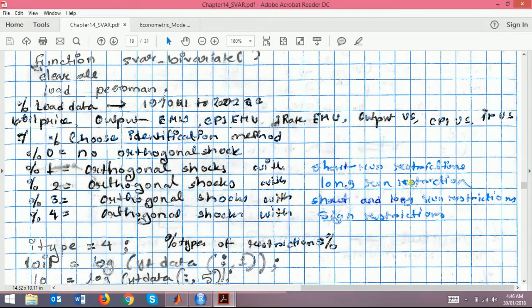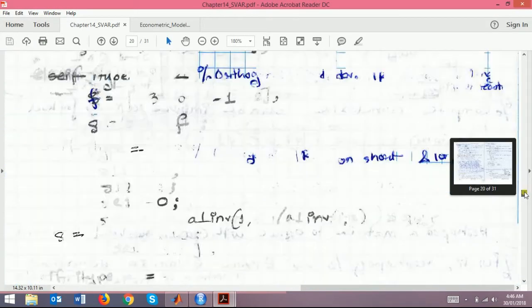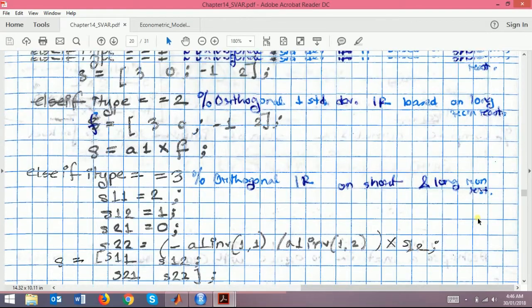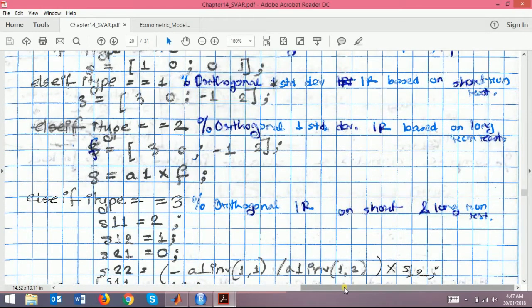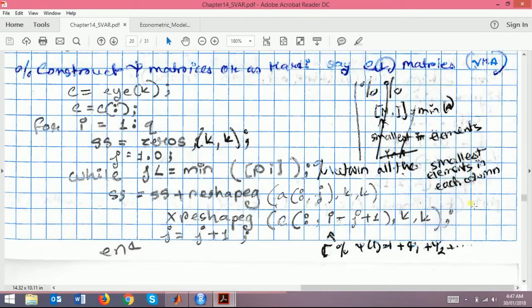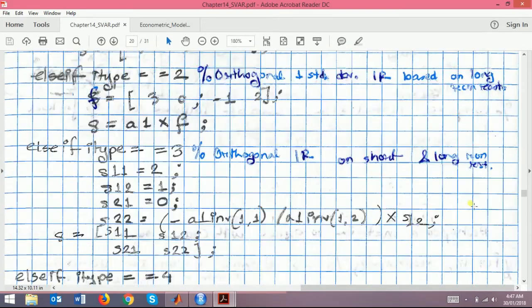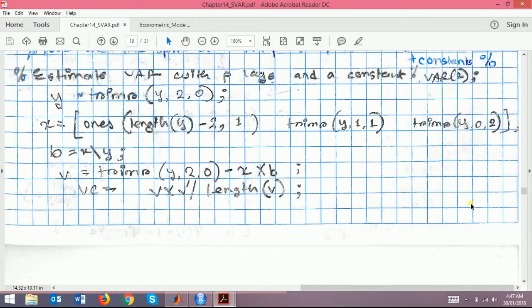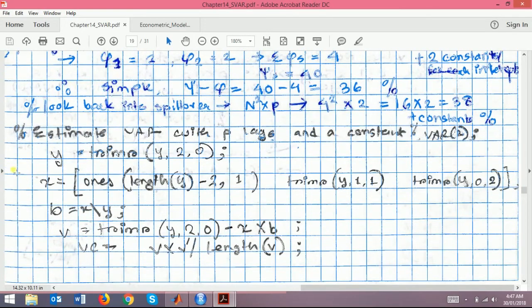Let me go up. Yeah, this was the last chapter's problem. We dealt with the same situation like this, where we mentioned y as y20.